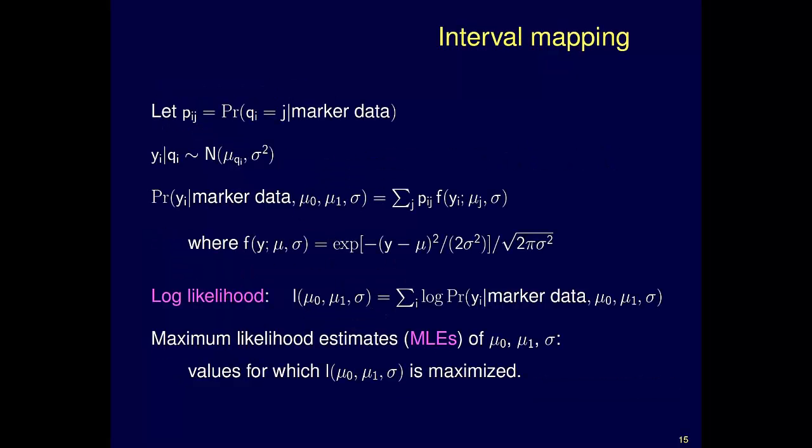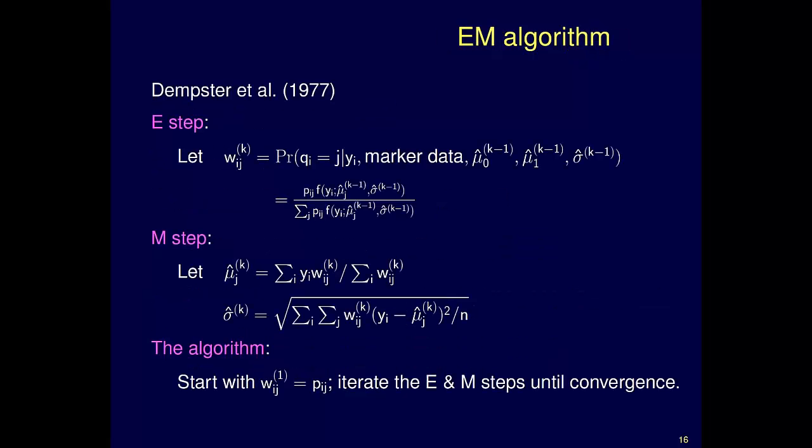Previously we'd calculated for each individual the chance that it has each possible QTL genotype given its marker data. In this algorithm, I want to calculate a similar sort of probability, but given not just the marker data, but also the phenotype for that individual. But to use the phenotype to inform me about QTL genotype, I need to know the effects of the QTL.